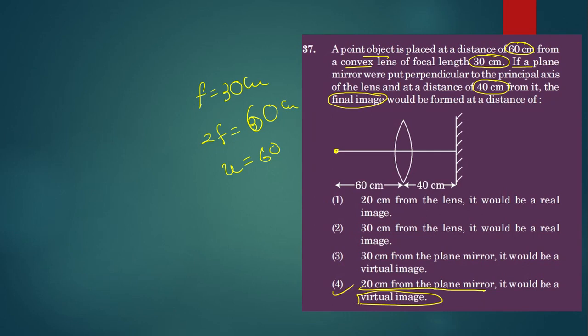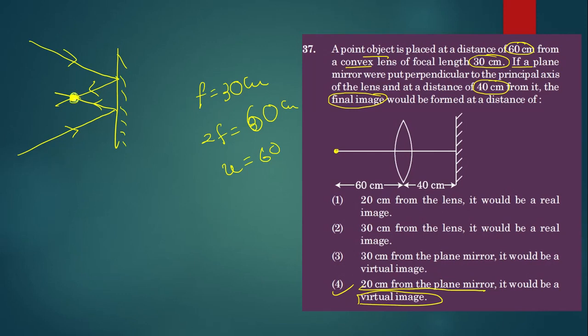Now in this particular problem, we have learned something. We know that plane mirror always forms a virtual image, right? But we realize that if somehow converging rays of light fall on a plane mirror, then after reflection, real rays of light will intersect. Then at this intersection, a real image will be formed. It is possible.